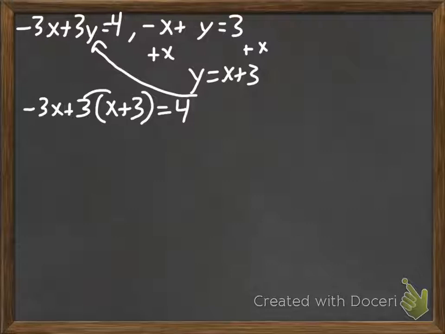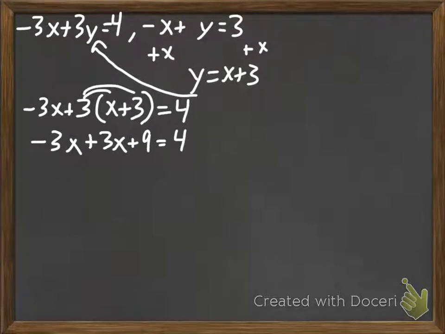Now we just solve like we did whenever we did the normal substitution. So we get negative 3x plus 3 times x, 3 times x, 3 times 3 is 9, equals 4. We combine our like terms, we combine our x's, which is the only time you ever want to do that in math. Don't try doing that IRL.